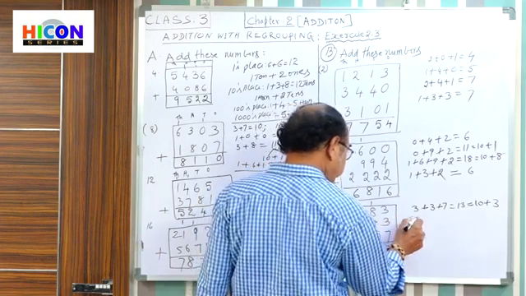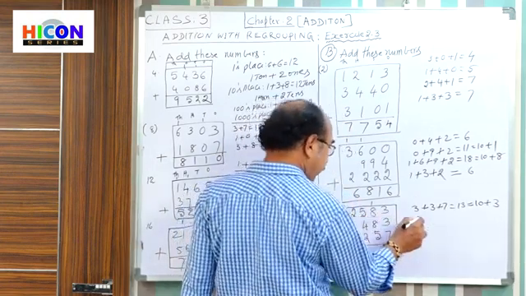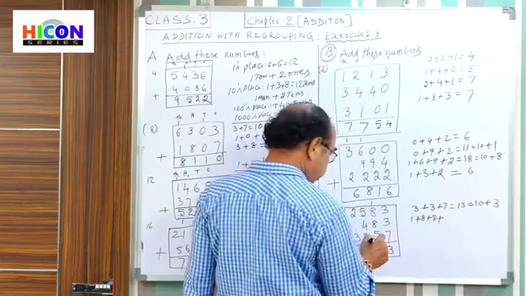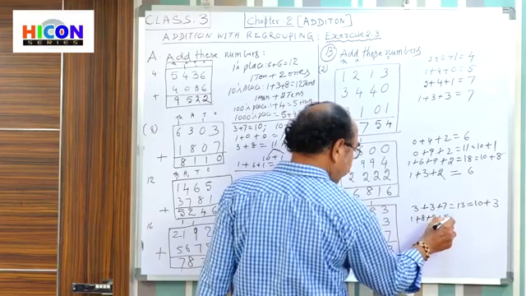1 carried 10. Here first number 8 tens are there. Here second number 8 tens are there. In the third number 5 tens are there.